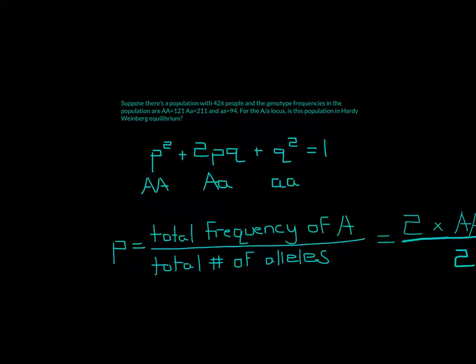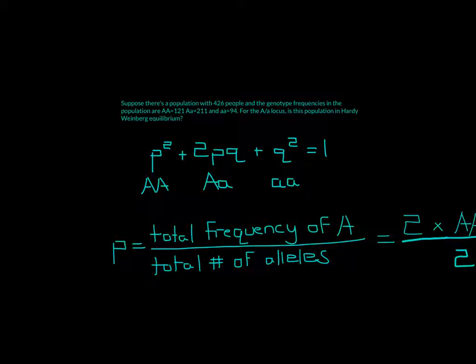So first we'd have to find on the numerator the total number of P alleles, which would be the big A alleles in this population, over the total amount of alleles. A proportion, just like in any other example in life.